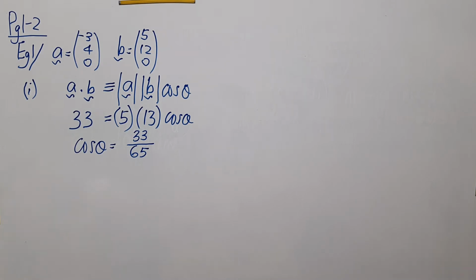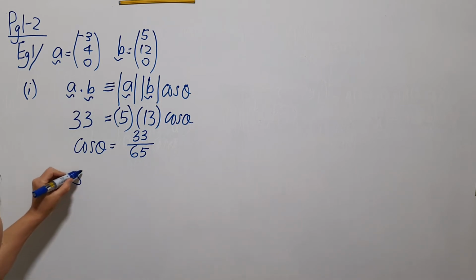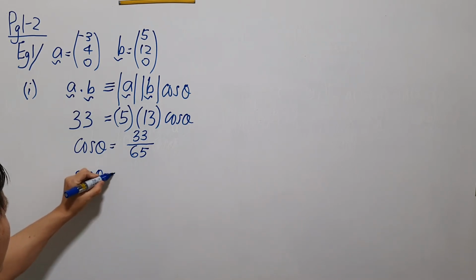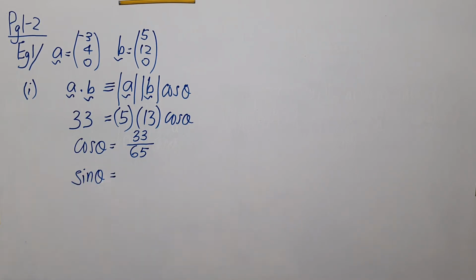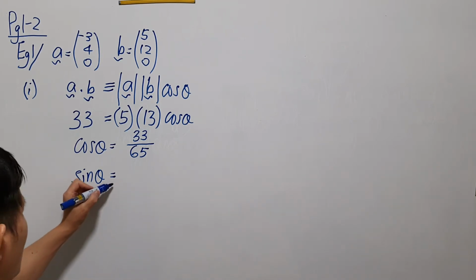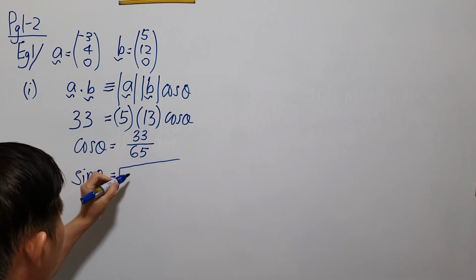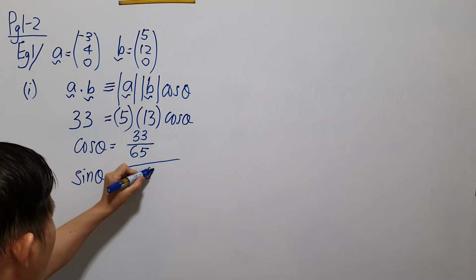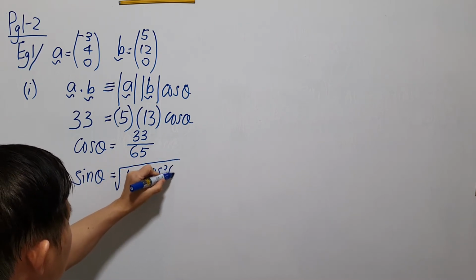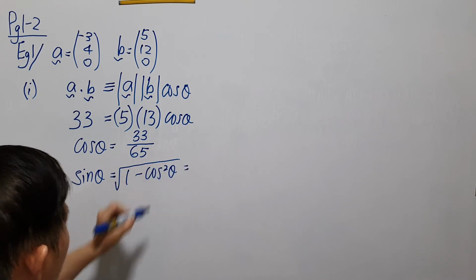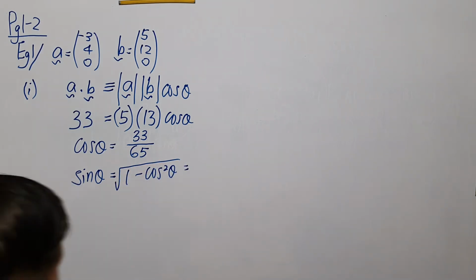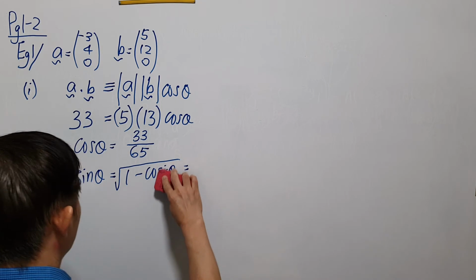But for part 1 of this question, the intention is to find the sine of the angle between them. How do you find the sine of an angle from this cosine? Do you remember our trigo identities? This is 1 minus cosine square theta. Let me write carefully. This is square.